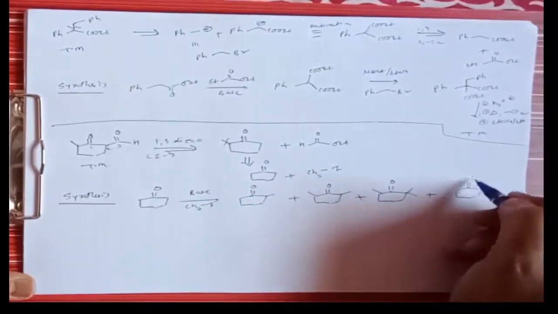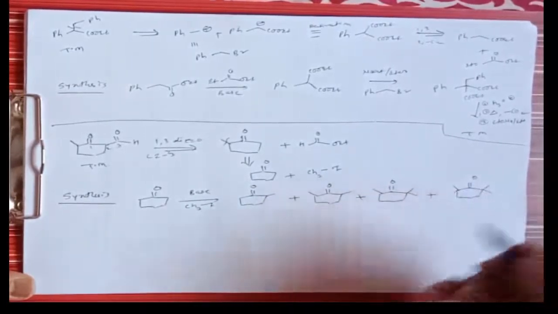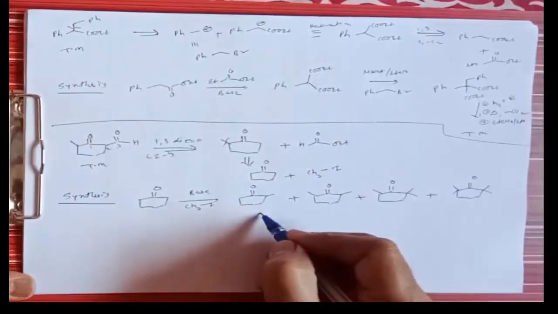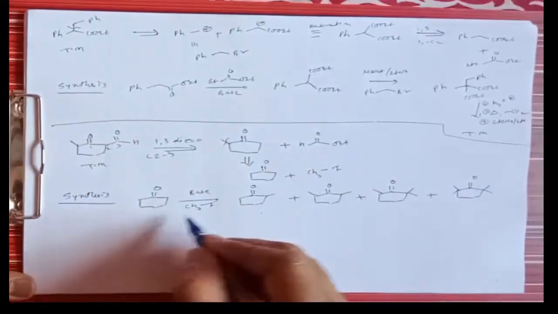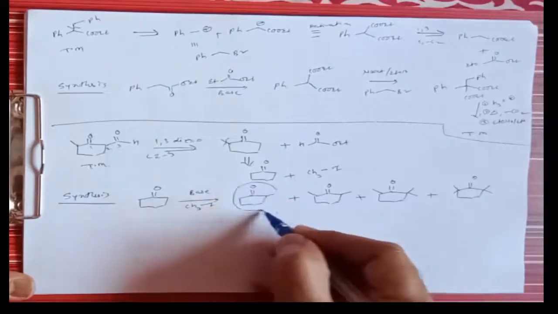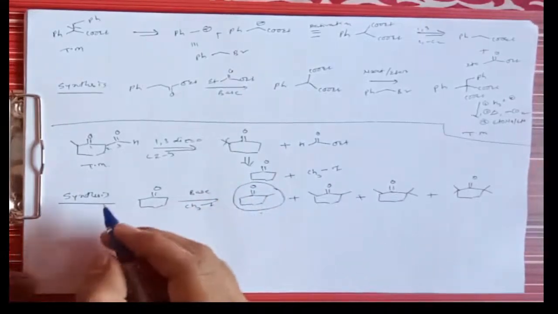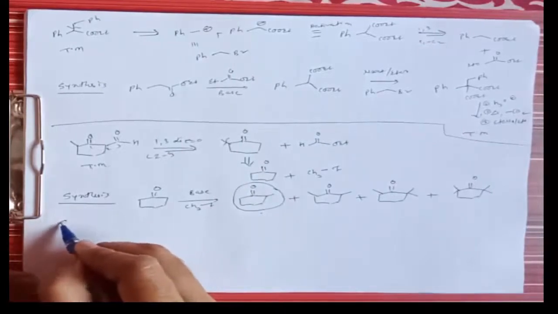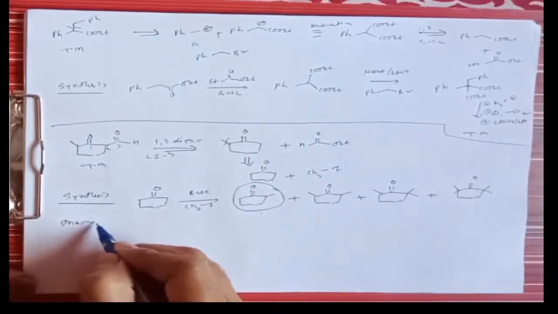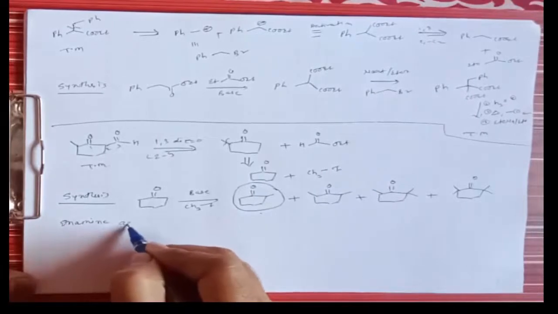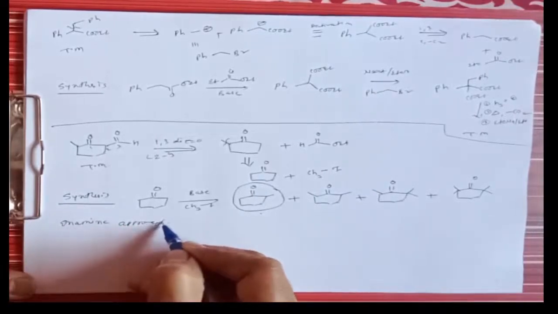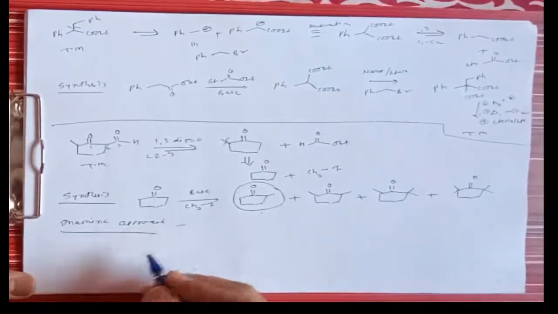It gives a polyalkylation product, and therefore the reaction will not stop at this stage, right? Therefore for the synthesis of such 2-methyl cyclohexanone there is another route, that means we can go for the enamine approach, because the enamine approach will stop the reaction at the single stage and it gives the desired molecule, right?